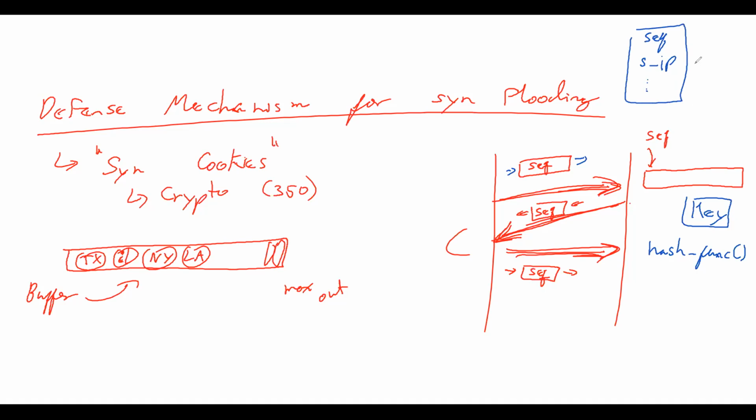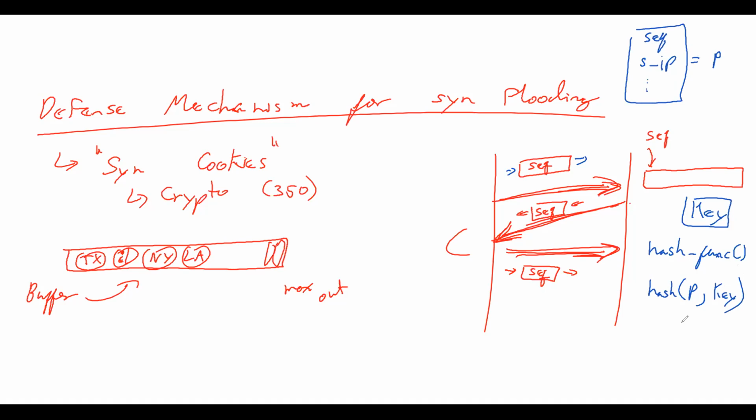Let's call this P for profile. Then you run this through the hash function. You run the profile with a key, as somebody said, and you calculate the hash value.